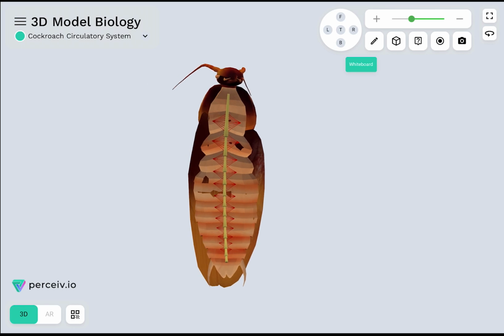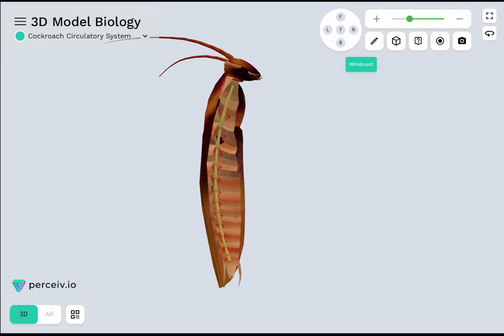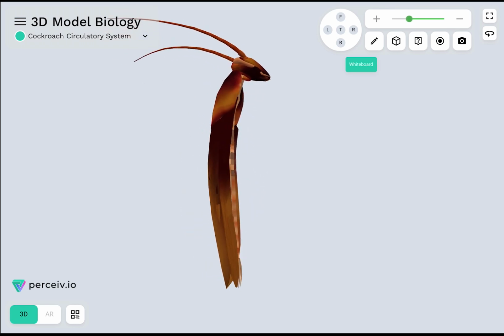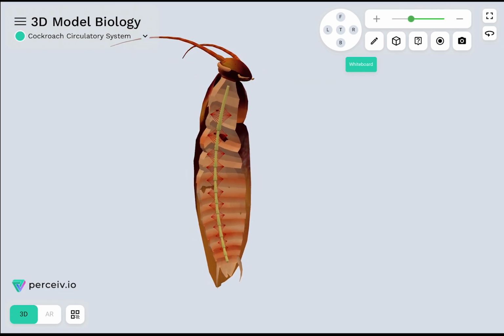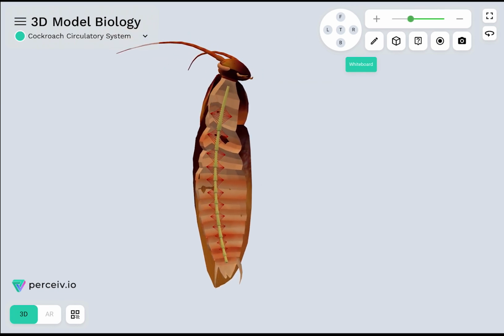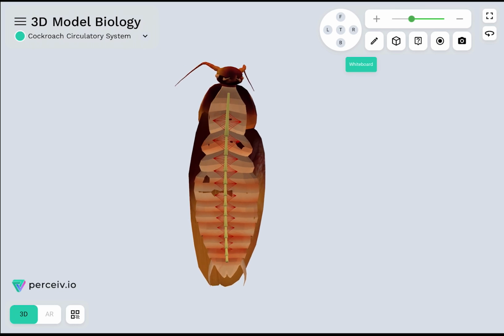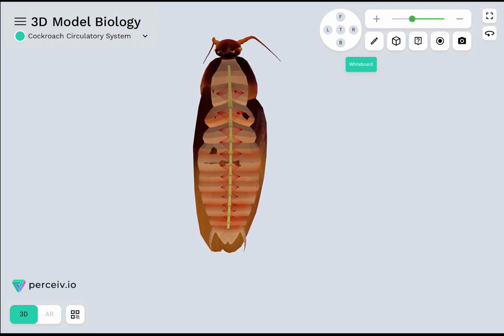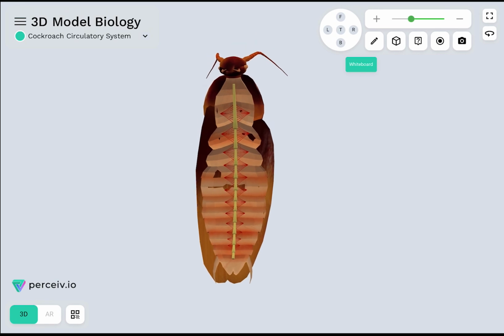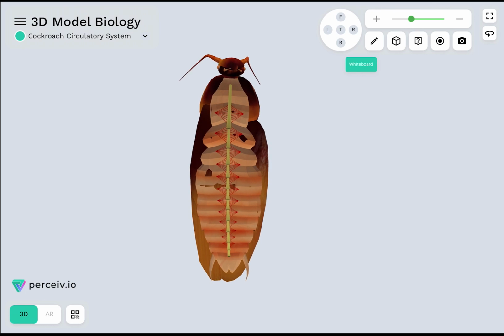This is the cross section of the cockroach, and you can see the entire circulatory system, represented from the upper part till the lower parts of the body. We will be discussing the mechanism of blood flow and the process of the circulatory system in cockroach in this video lecture.